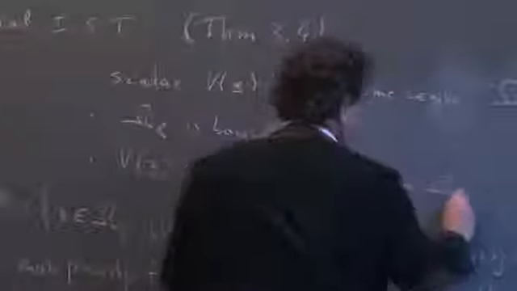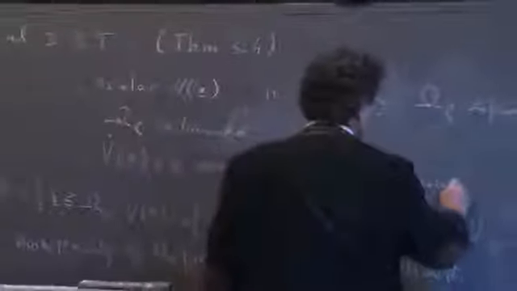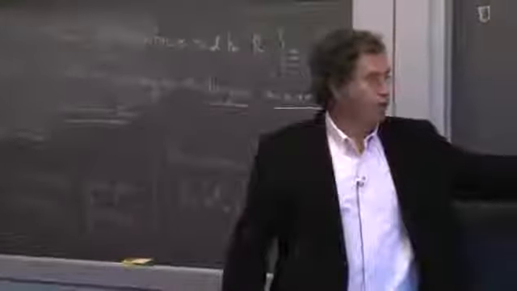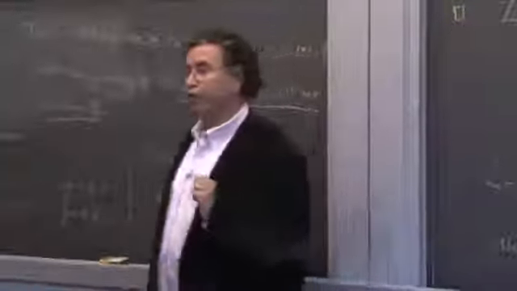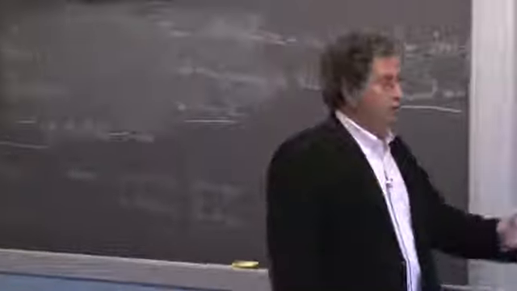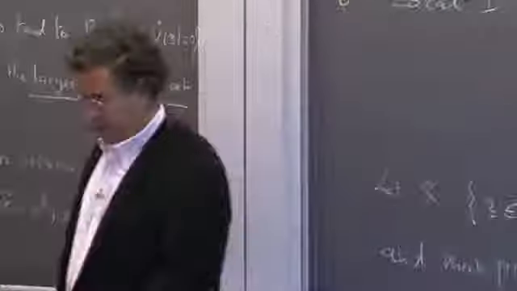So if we start in omega L, we stay in omega L, right? That's the first obvious implication from this hypothesis, right? But of course, we have this more precise one. Okay? So that's the local invariant set theorem.